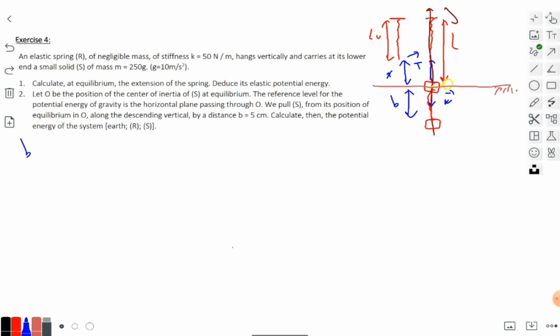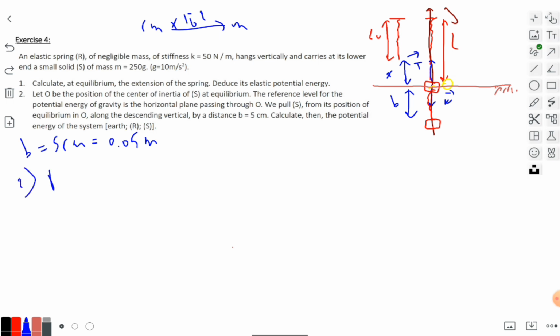B is equal to 5 centimeter, then it's equal to 0.05 meter, since from centi to meter times 10 to the power minus 2. Calculate then the potential energy of the system.